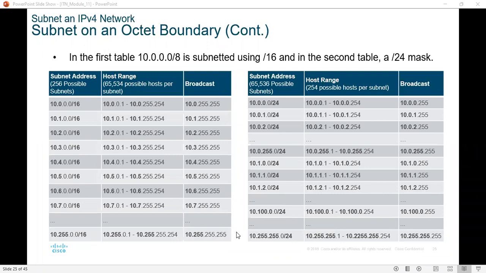Can you hold on? I'm trying to do my calculation here. It will be 2 raised to power 8.